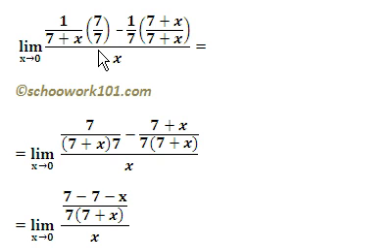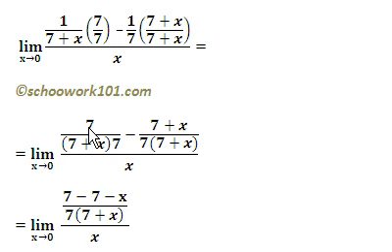Now what we need to do is simplify this down, so I'm going to multiply the 7 times the 1 and get 7, and then I've got 1 times 7 plus x, which is just 7 plus x. And so we take the 7 plus x, multiply it by the 7, as you can see here. Now what we've got is a common denominator.